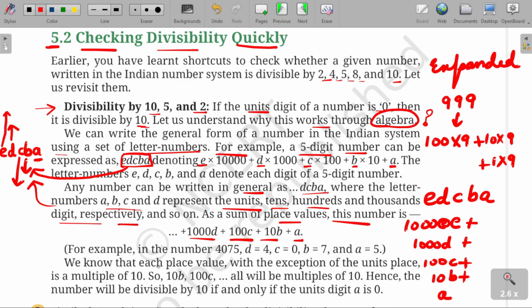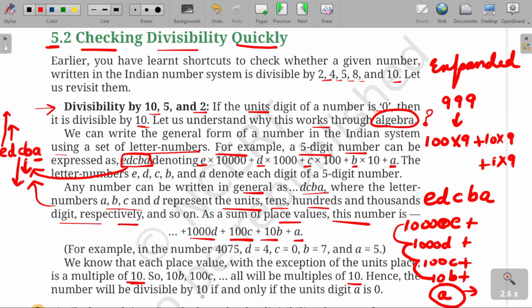Now we know that each place value with the exception of the unit place is a multiple of 10, right? So 10B, 100C, all will be multiples of 10.